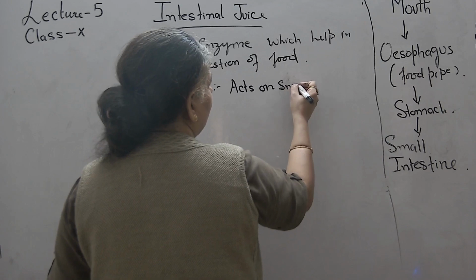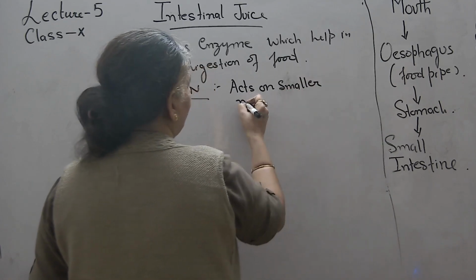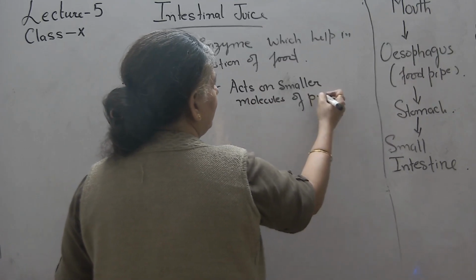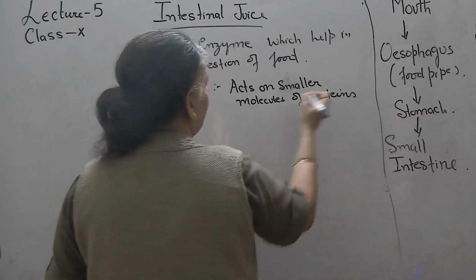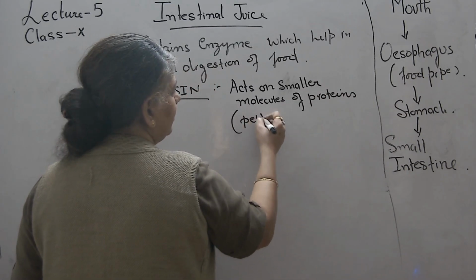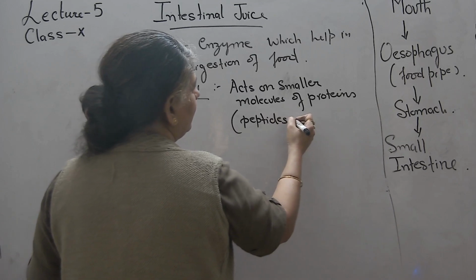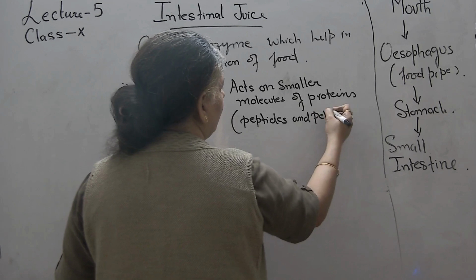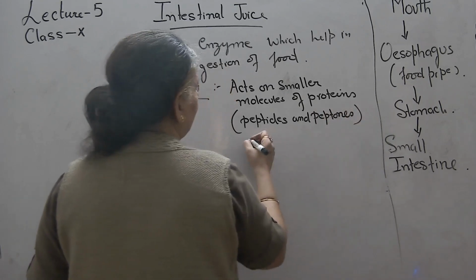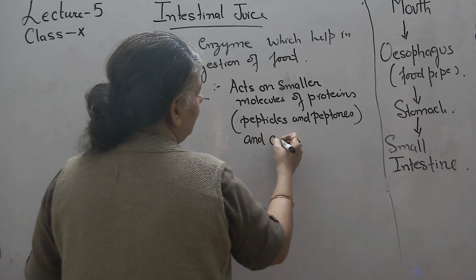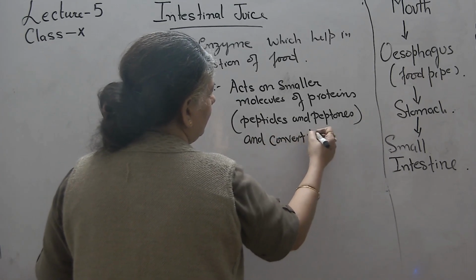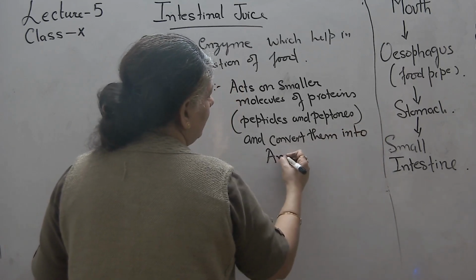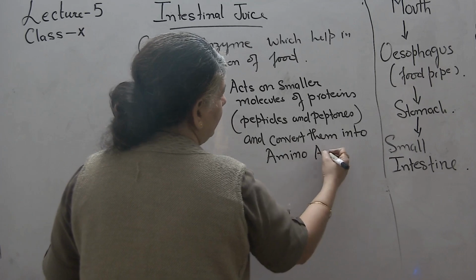So erepsin acts on smaller molecules of proteins, that is peptides and peptones, and converts them into amino acids.